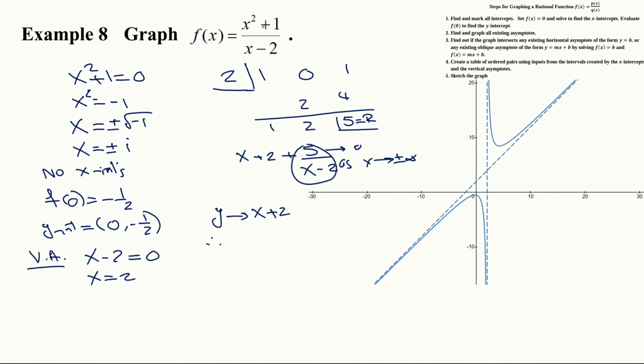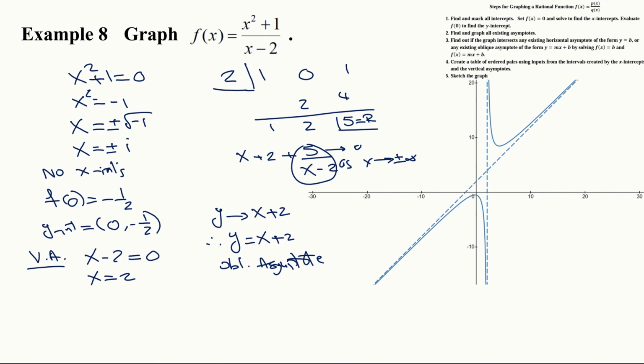So therefore y equals x plus 2 is going to be our oblique asymptote. All right, and as far as points that we can get, or asymptotes, we're pretty much done.